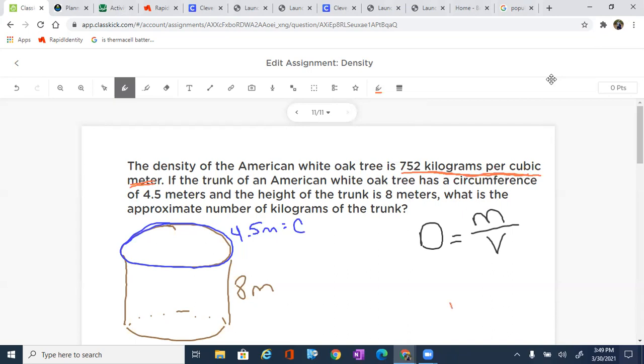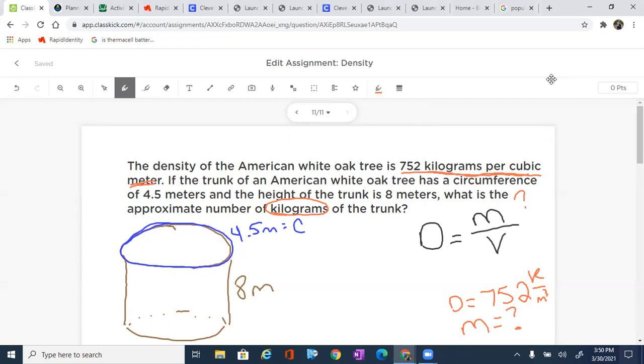That's telling us that our density is equal to 752 kilograms per cubic meter. So we know our density. And then it is asking for the approximate number of kilograms, so it's asking for our mass. So it's saying, what is our mass?